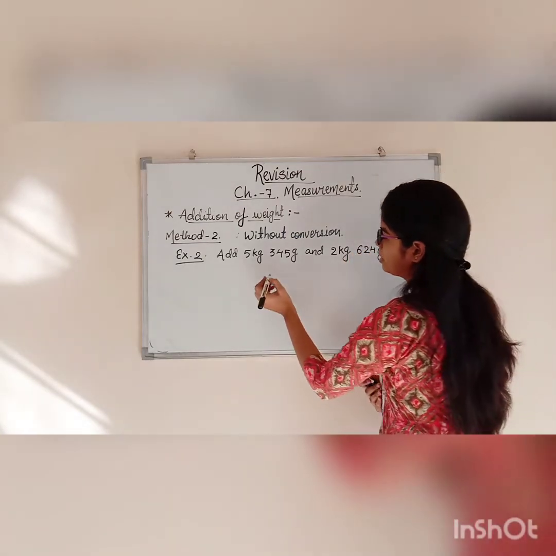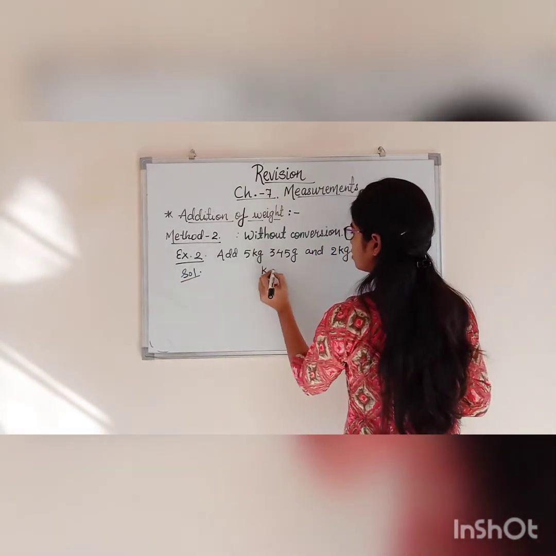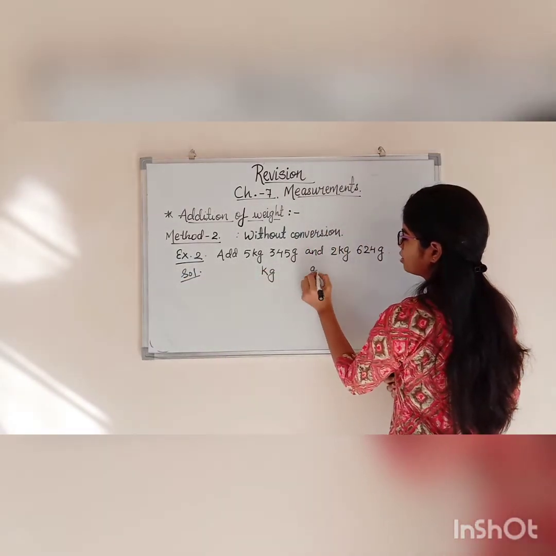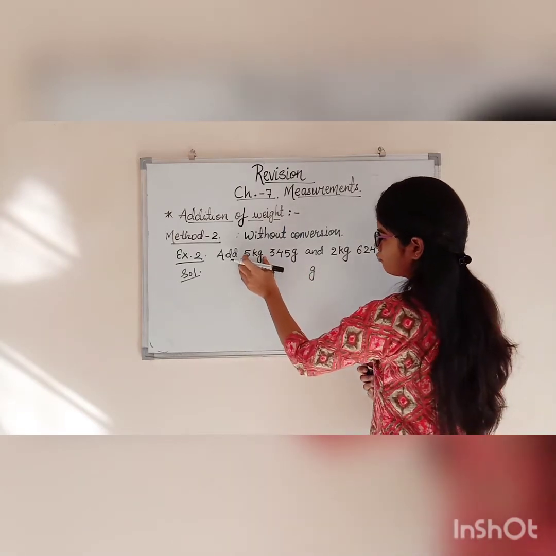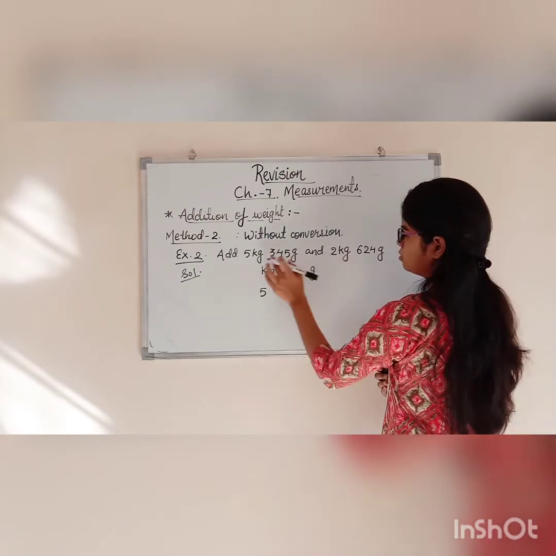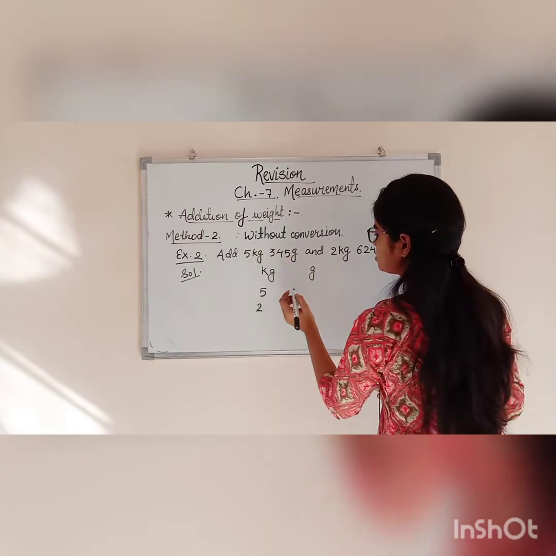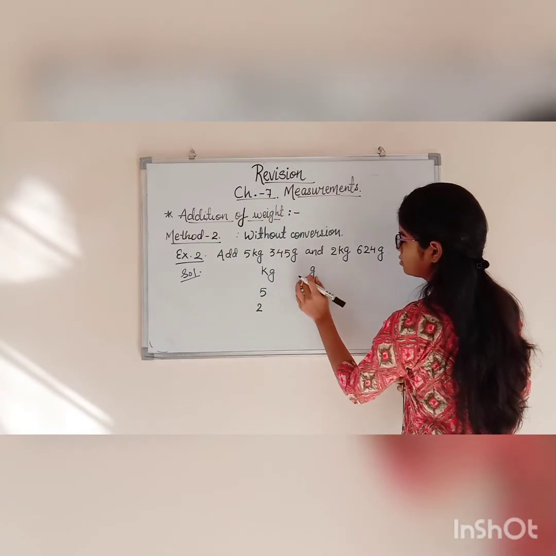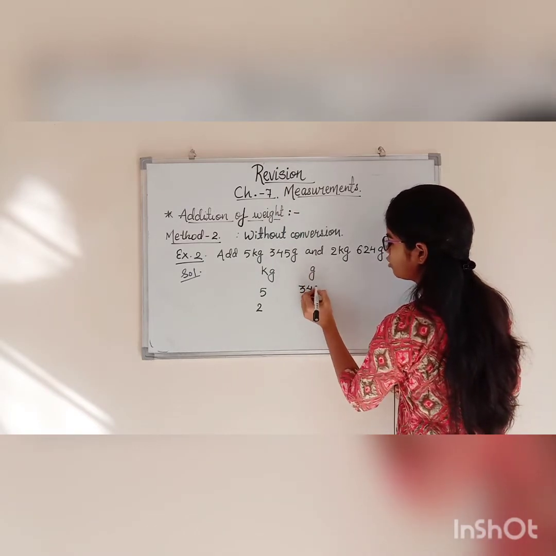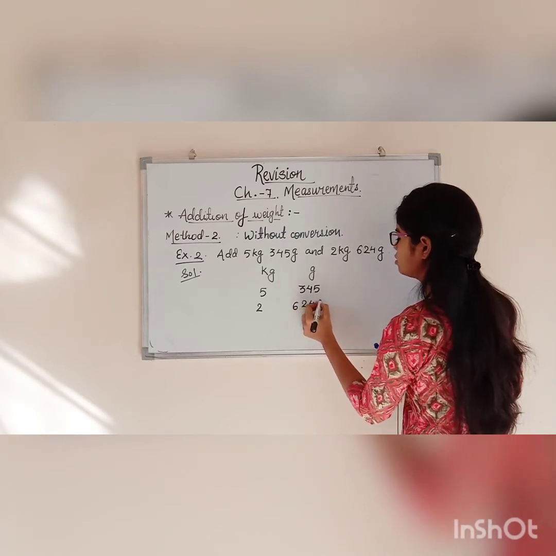So in the solution we write kilograms and grams, and put the value of kilogram under kilogram, 5 and 2, and grams under gram, 345 gram and 624 gram.